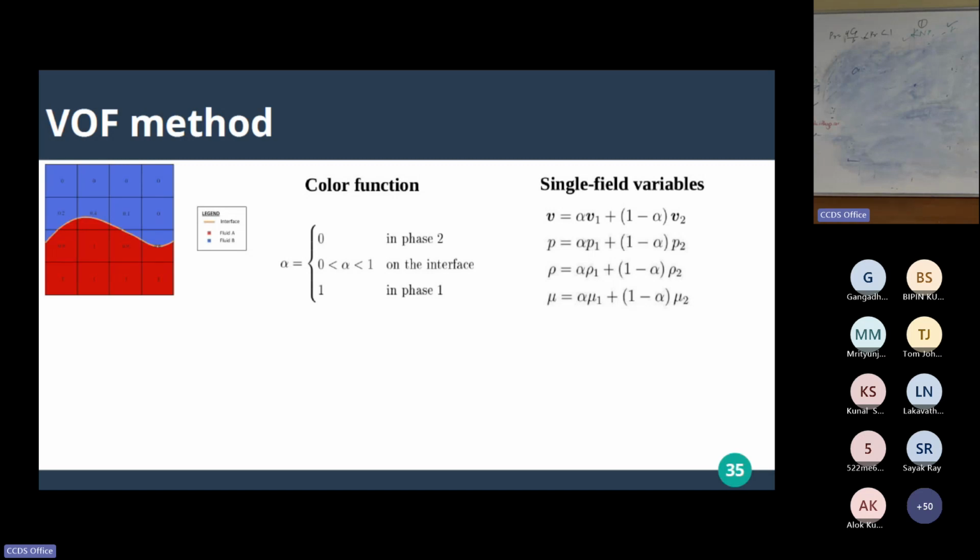Similarly, pressure, density, mu, and other things one will approximate. So the crucial challenge for multi-phase flows is, can I really give that alpha field, or F field, successfully so that the rest of the flow simulation can be captured?